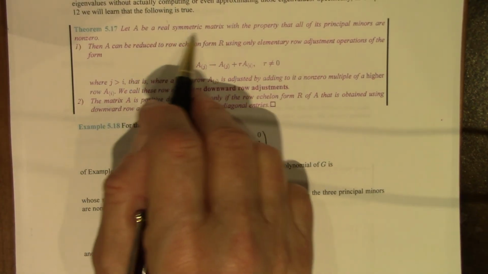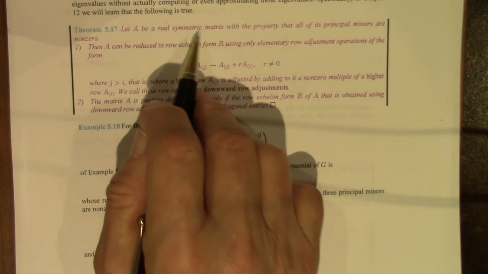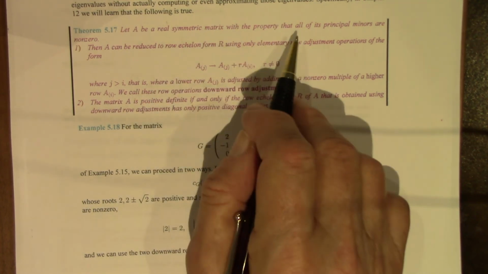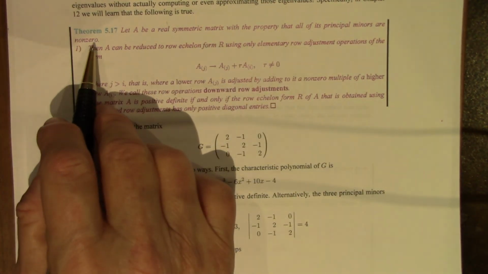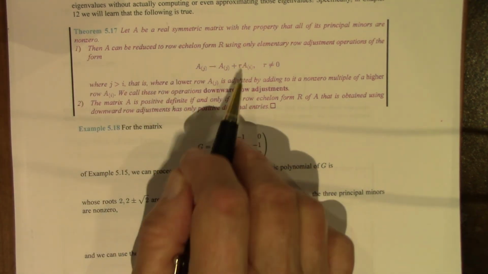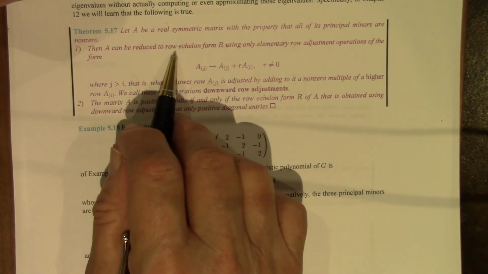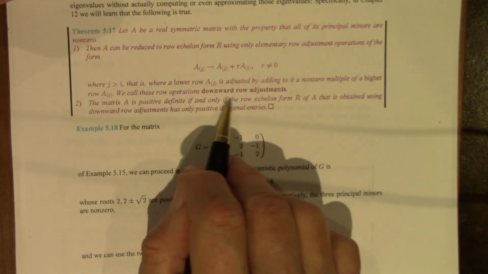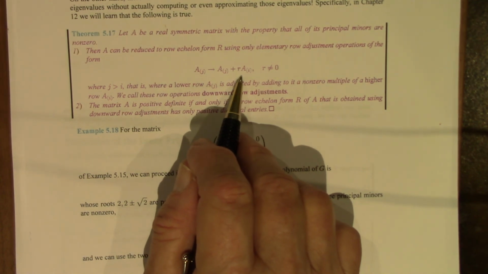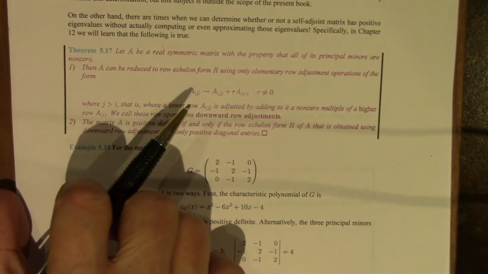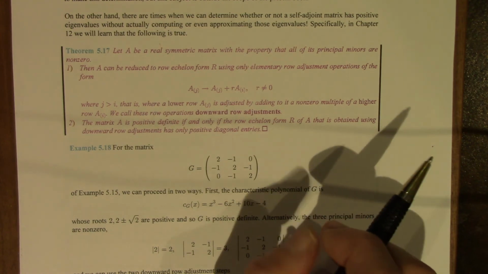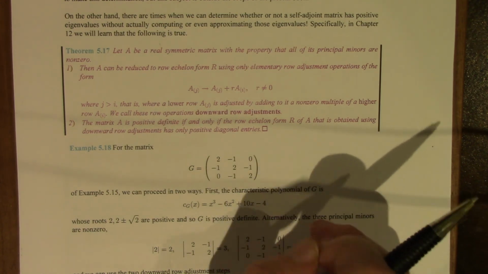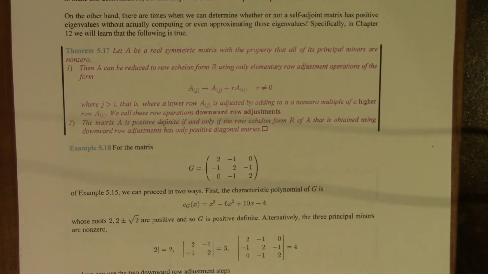Okay. So a real, did I say symmetric? I hope I did. A real symmetric matrix with the property that all of its principal minors are non-zero can be brought to row echelon form using not only just row adjustment. You know, there are 3 row operations, right? Interchanging rows, scalar multiplying rows, and these row adjustments. Not only using only row adjustments, but only specific ones, downward row adjustments.